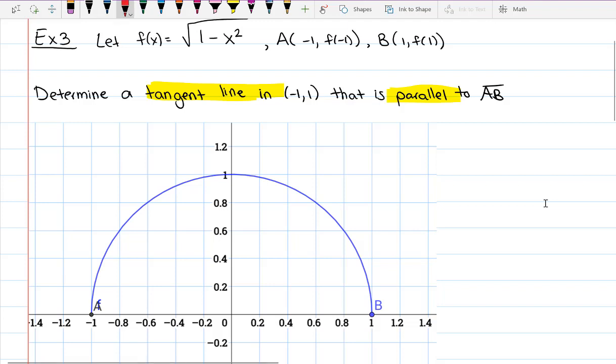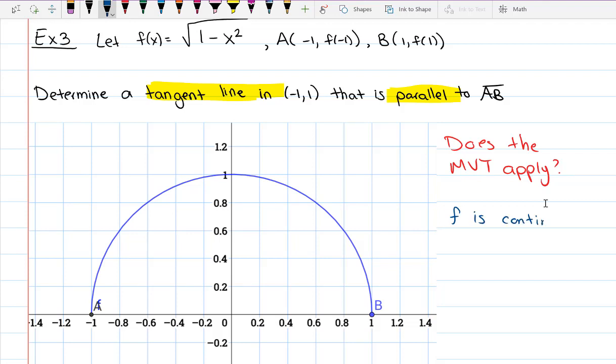So we have to check, does the MVT apply? Well, let's check our criteria. So f is continuous on a closed interval, which is negative 1 to 1.